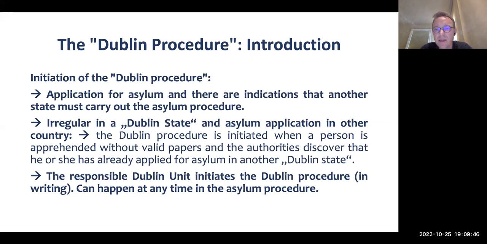This is then initiated by the Dublin unit. And only then can the asylum procedure actually start. That's what I wanted to say here in the first step. So you need an indication that a person comes from another country.